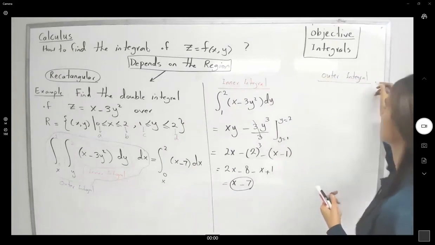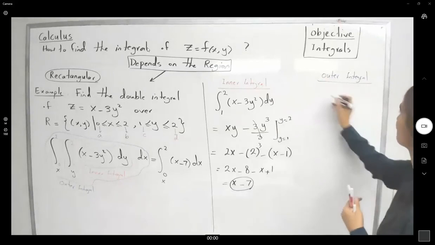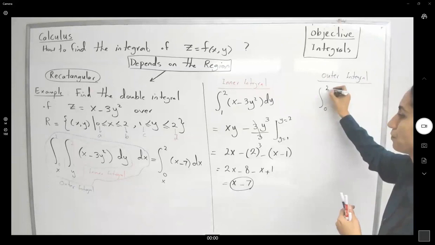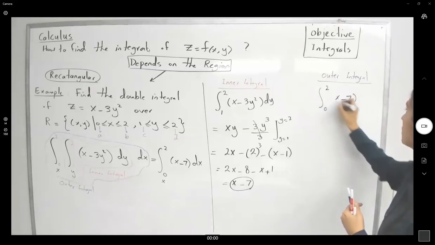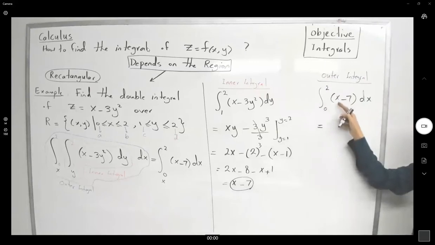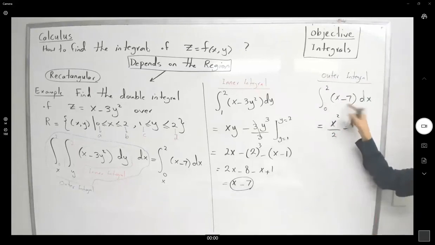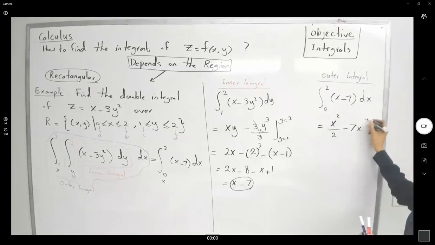Let's calculate the outer integral. Our outer integral with respect to x is from 0 to 2 of x minus 7 dx. Well, this is easy. The integral of x is x squared divided by 2, minus the integral of 7, which is 7x, and x is between 0 and 2.